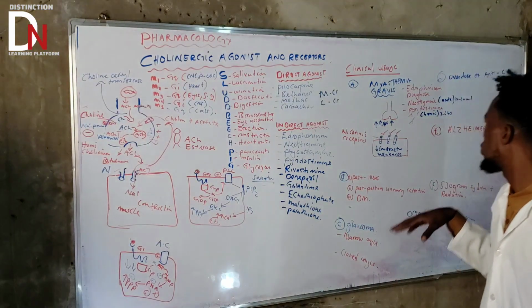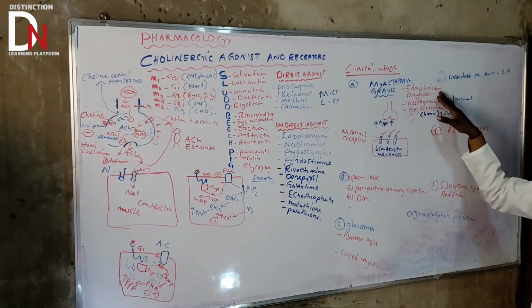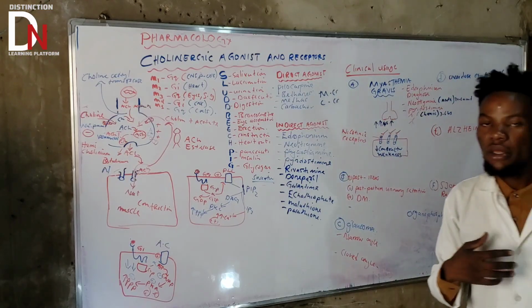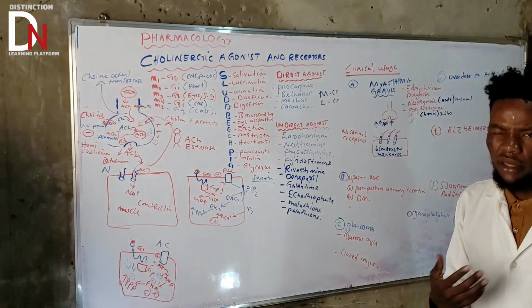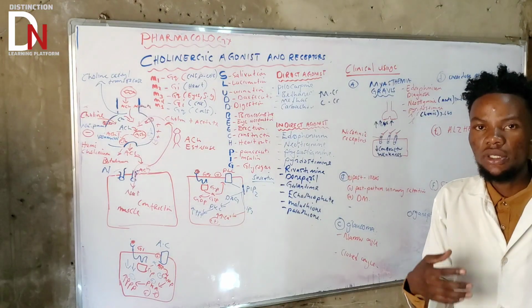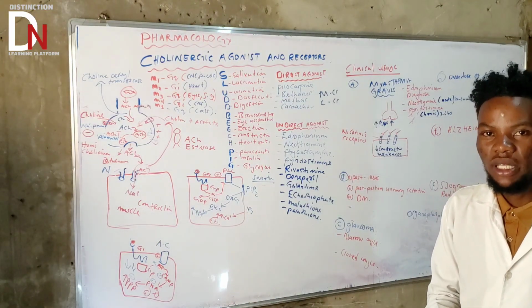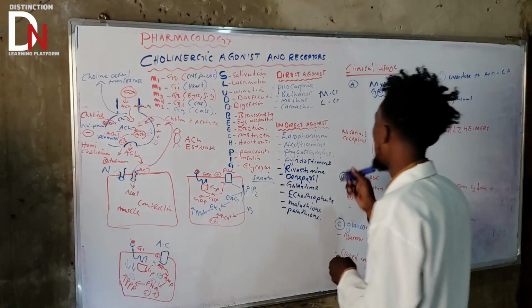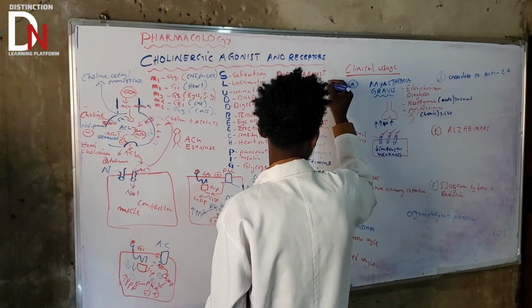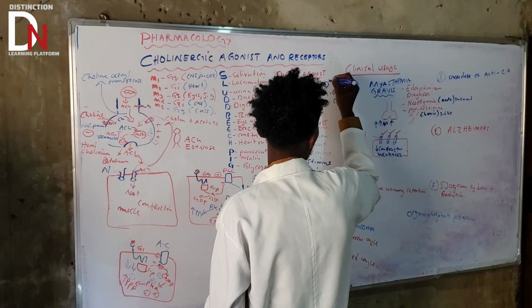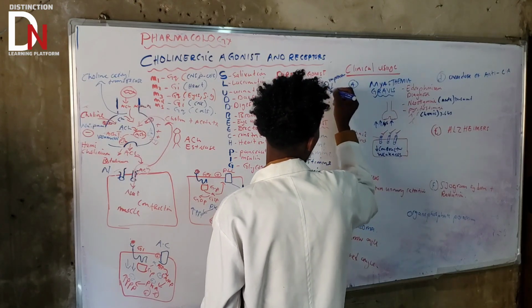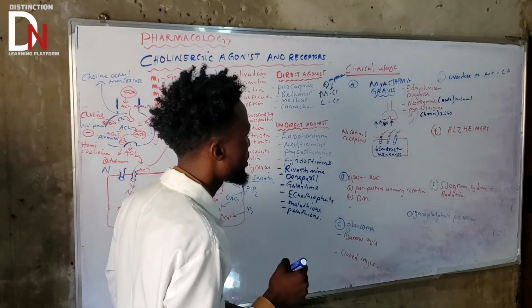So you give them edrophonium. If there is an improvement in the muscle weakness, basically you're going to say, okay, it's a myasthenia crisis.